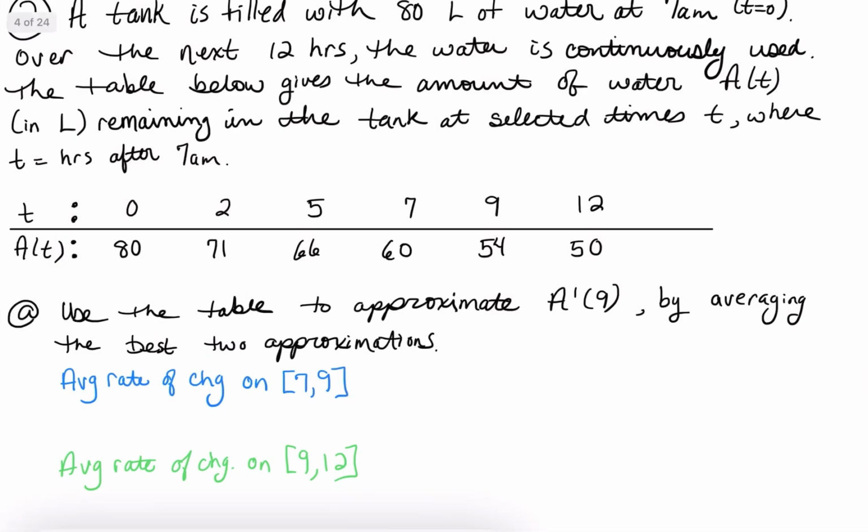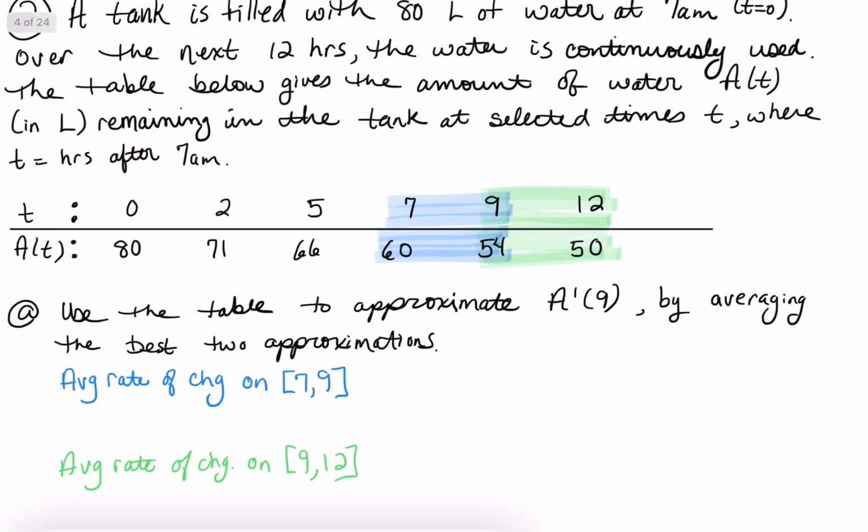So initially I could look at what happens from 7 to 9 and figure out that average rate of change, and then I could also look at what happens from 9 to 12 and figure out that rate of change. Those are the two things we're doing here.